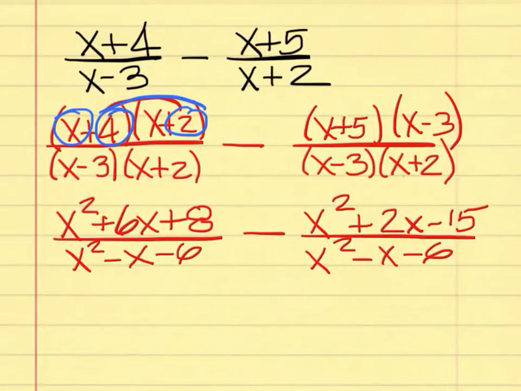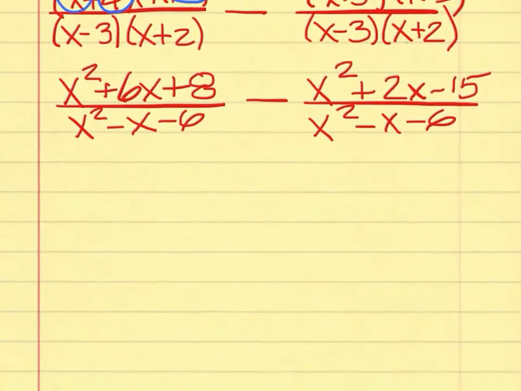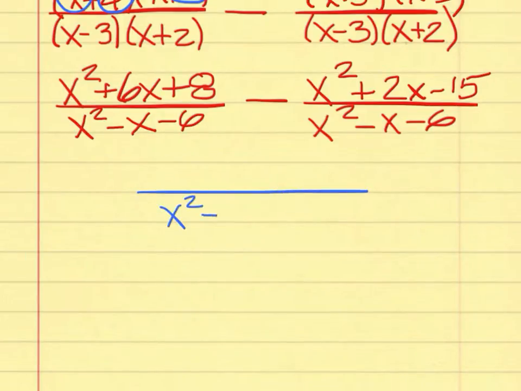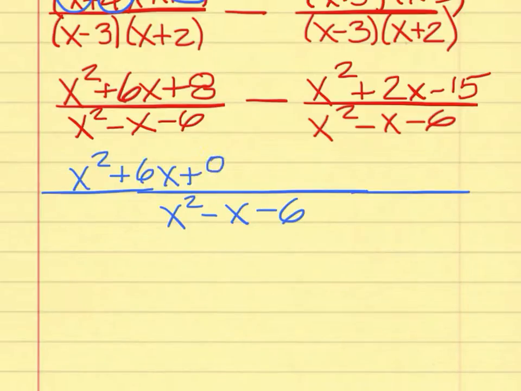Okay. What is my next step in simplifying this problem? Yeah, that's right. You have to subtract the numerators. Okay. So when I combine them together, I'll have x squared minus x minus 6 as my denominator. And I'll have x squared plus 6x plus 8 minus this quantity.